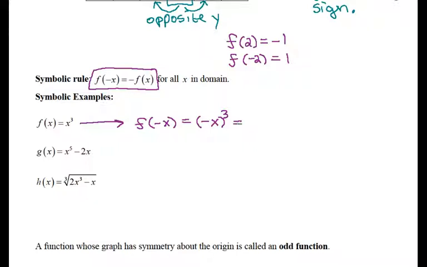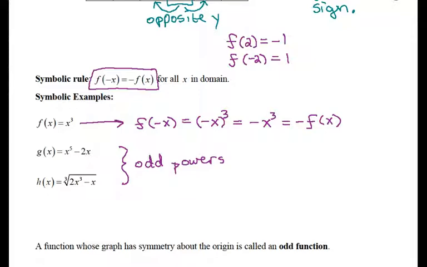So this is the same thing as -x cubed. And we notice that -x cubed is the same thing as minus f of x. That's exactly the opposite of f of x. So odd powers, because they preserve the sign, they tend to lend themselves well to odd functions. So odd powers are generally what we're interested in here.